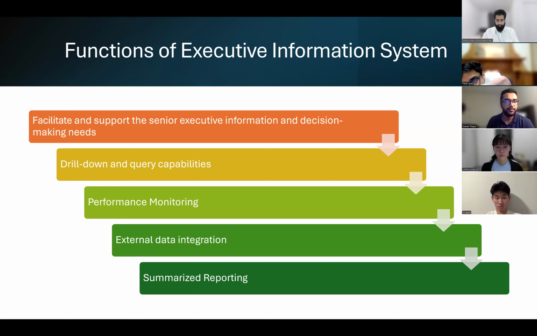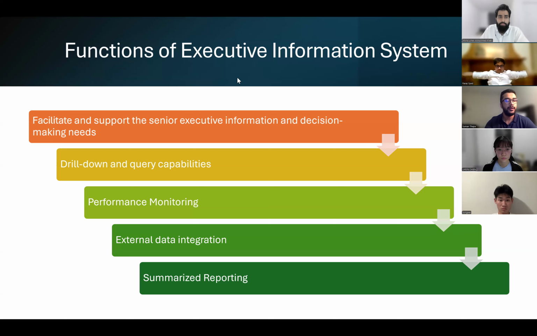The other one is performance monitoring. Here, EIS tracks various departments' functioning against previously set goals, whether they are meeting the requirements or not. For example, a sales director can monitor quarterly sales goals by region and improvise strategies based on underperforming areas. The other one is external data integration.